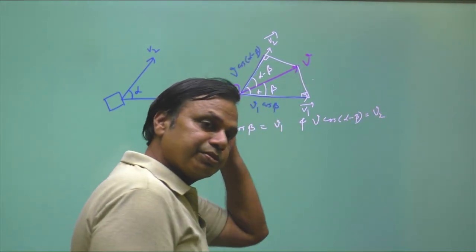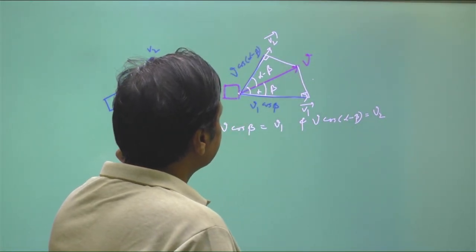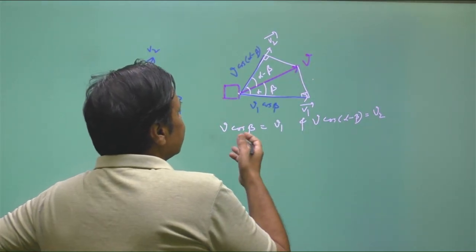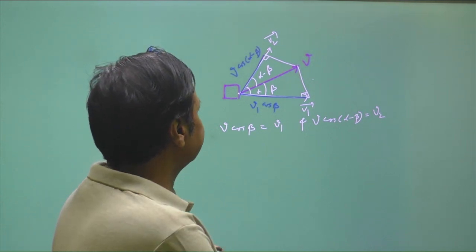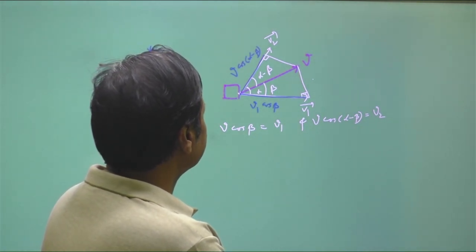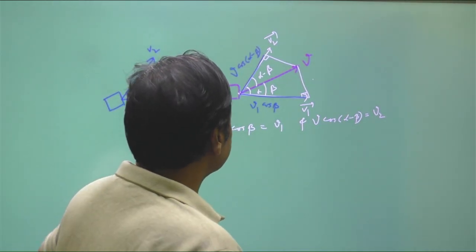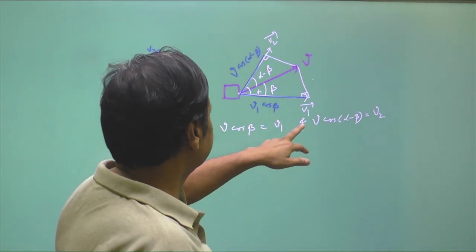This is a simple thing, and alpha is not equal to 90 degrees, that means v cos beta is equal to v1 and v cos alpha minus beta is v2.